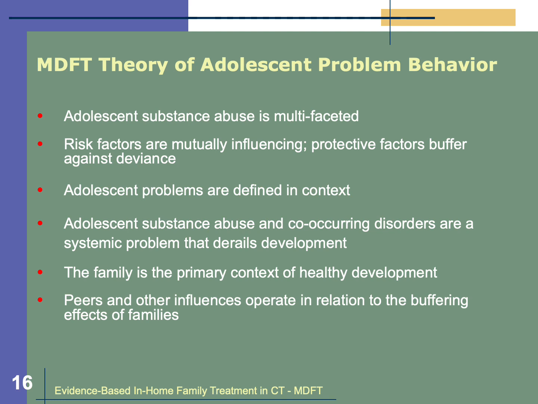We also define things in context. So unlike other therapies, we go into the context, we look at the context and ask, how is this influencing the kid's behavior and the problems we're experiencing? We understand that substance use is a systemic problem, and it derails development. Using substances affects how people develop socially, spiritually, psychologically, emotionally, and family-wise.